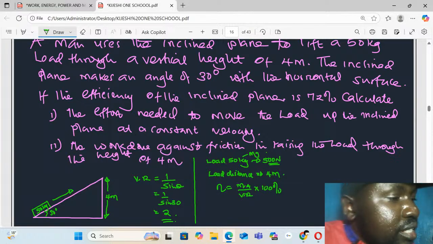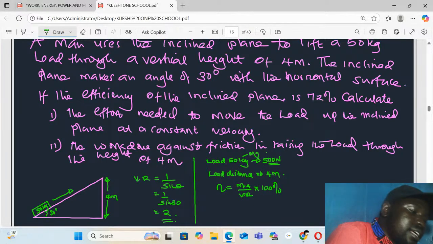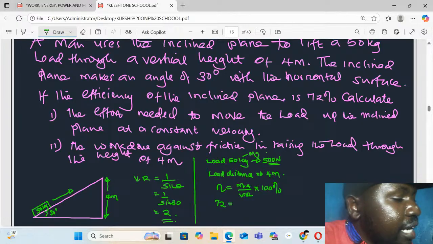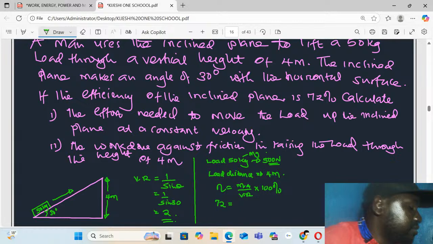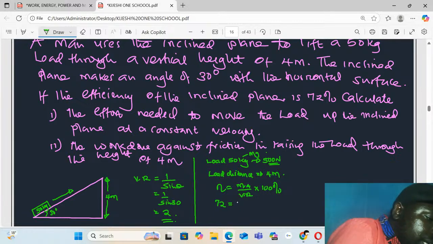In this case, we are given the efficiency to be 72%. We do not have the mechanical advantage because we do not have the effort. So it will be MA over VR, which we got as 2, times 100%.